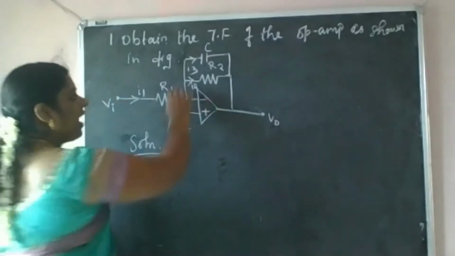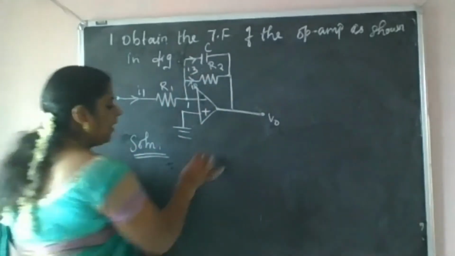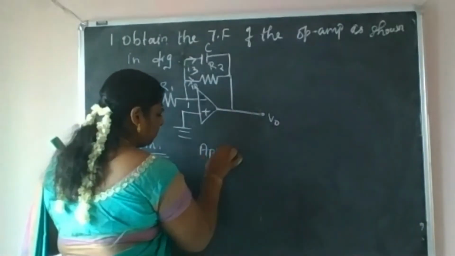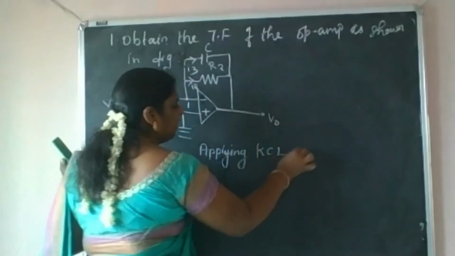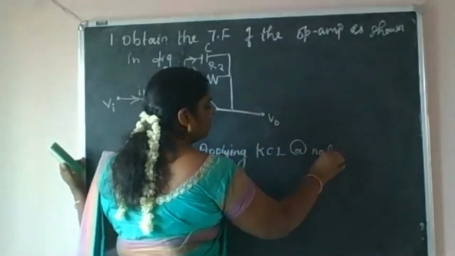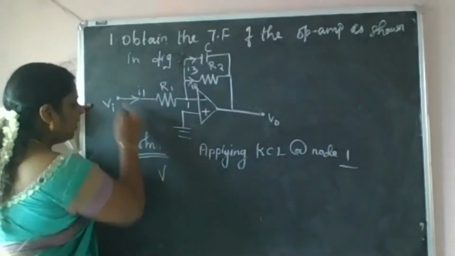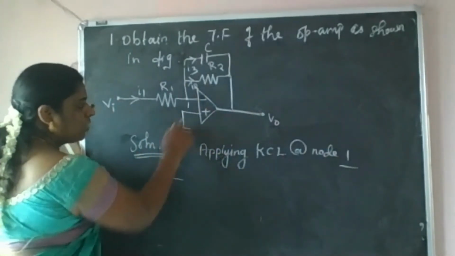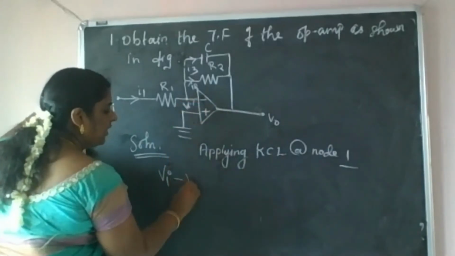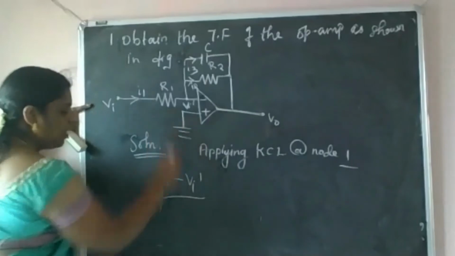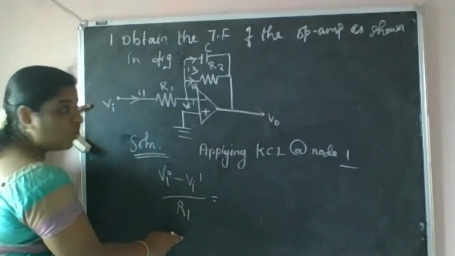Here we have two outgoing branches. Now applying KCL at node 1, we will get Vi minus Vi dash divided by R1 is equal to entry current is equal to leaving current.